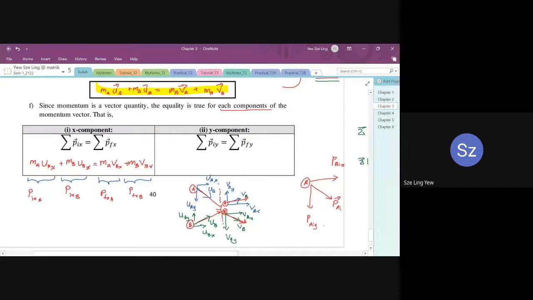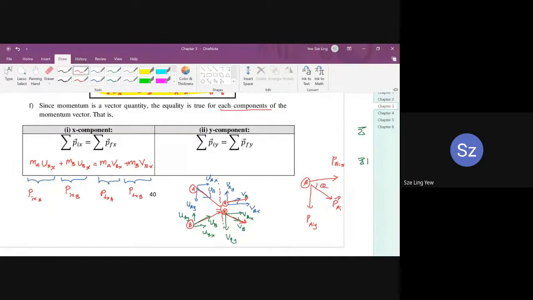Both notations are fine. So you need to resolve it; you cannot just leave it as UAX, UBX, VAX, VBX.